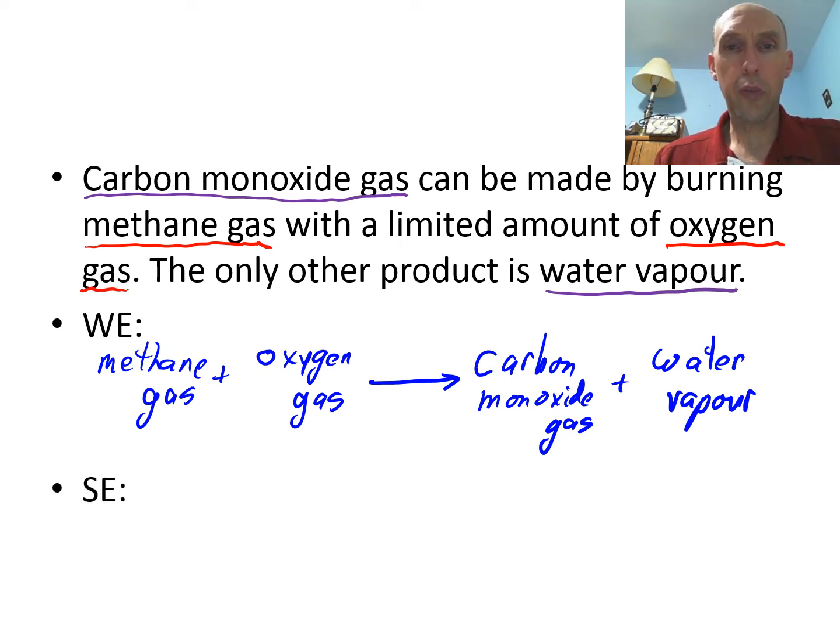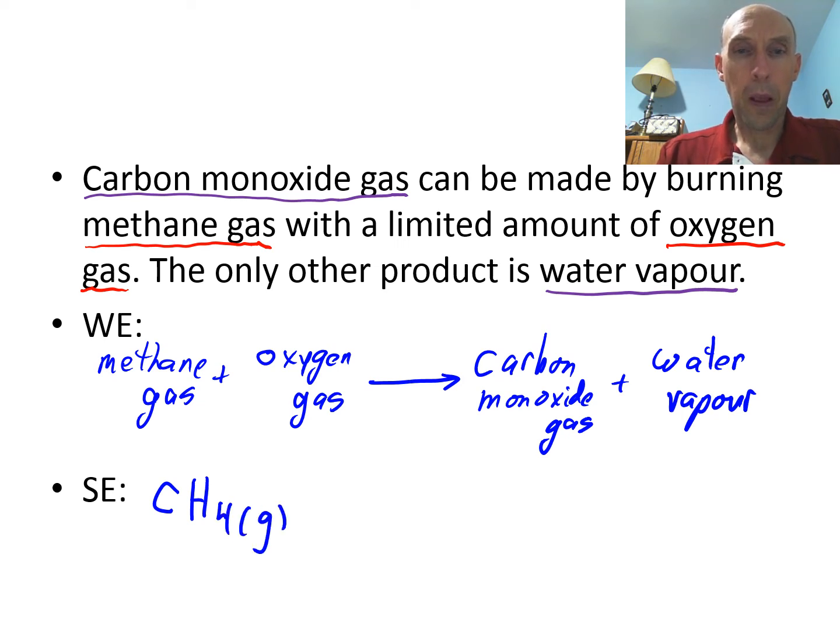Skeleton equation, as before, we simply convert all these names into symbols. Methane, a common substance, is CH4, and that's a gas. Plus oxygen, that's O, and it's one of the elements that comes in pairs, so it's O2, gas, produces carbon monoxide, a molecular compound, so we can just look at the prefixes.